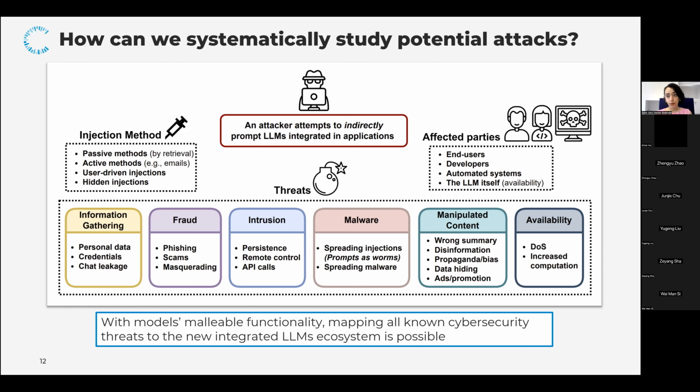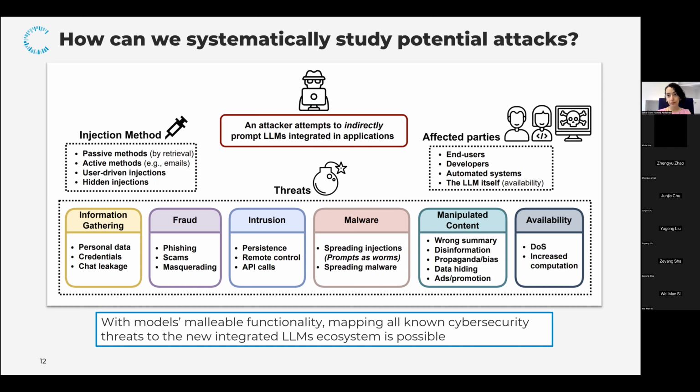So they can cause privacy leakage, information gathering, data exfiltration, or they can also facilitate fraud such as phishing. They might also be used to gain unauthorized access to the user system, or call other APIs, and so on. Or they might spread malware.